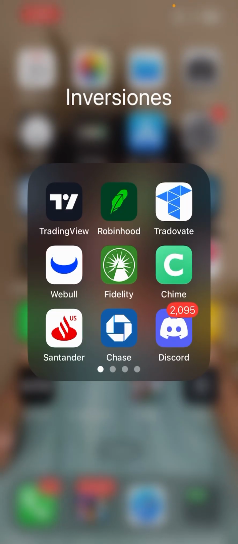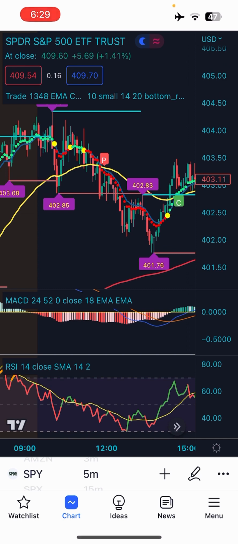That's all you need. If you have that, you can copy my exact chart, so you can have exactly what I have to trade. If you have TradingView, you don't need to pay 14 bucks. You apply for a free account and you can have it.